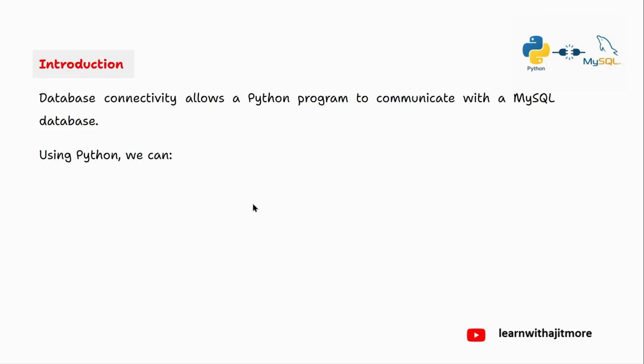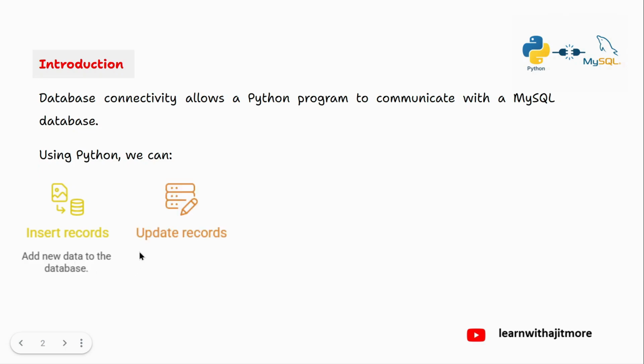Okay. So what all things will we be doing using Python in this database connectivity? Obviously, first we can insert records, meaning add new data to the database. We can update the records through this Python program using database connectivity.